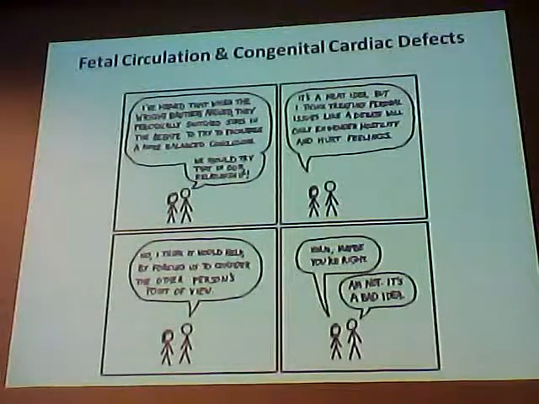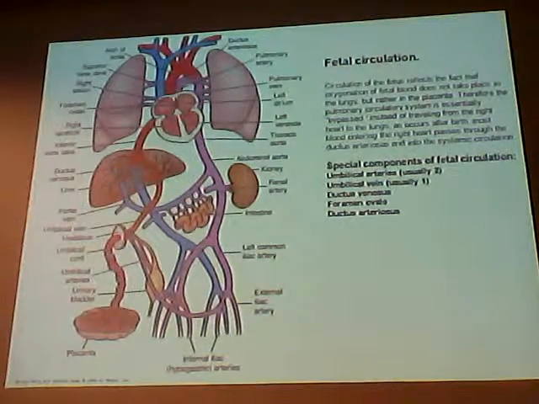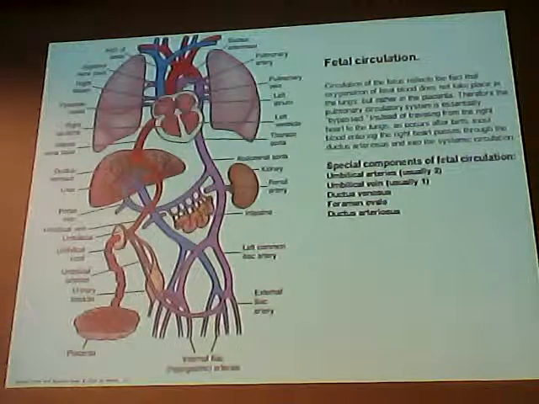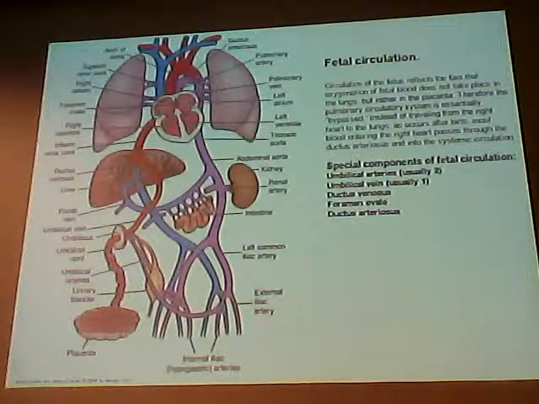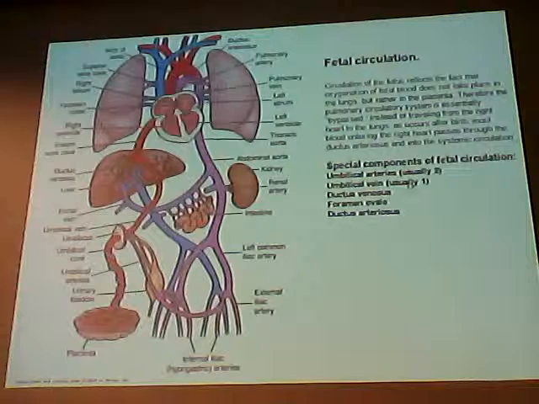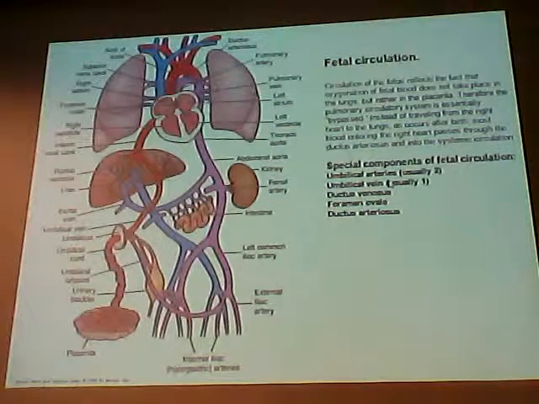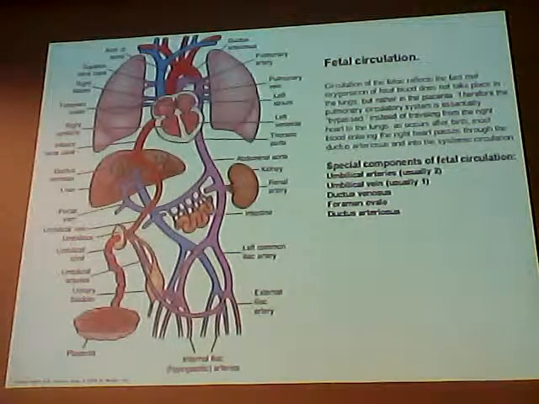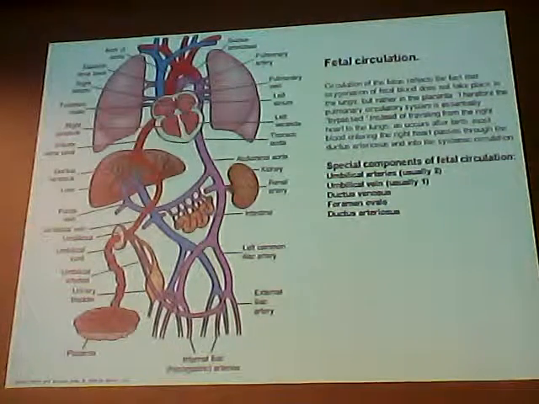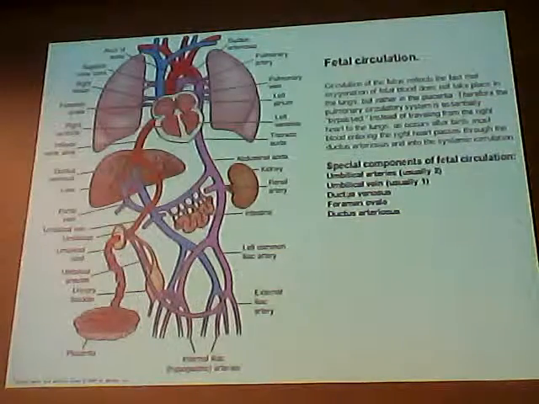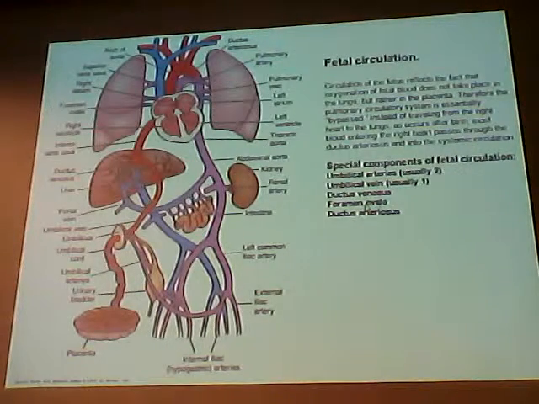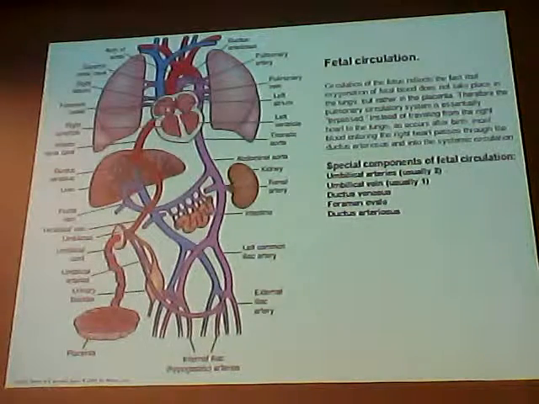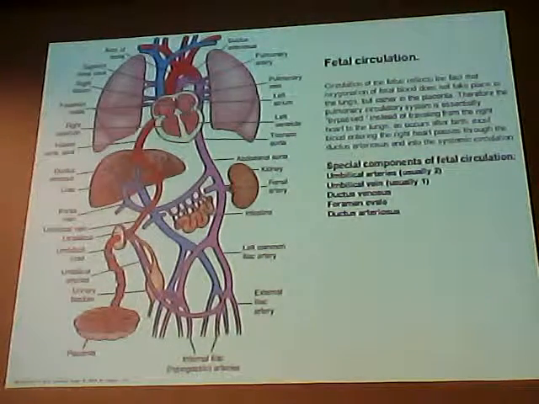With fetal circulation, the biggest idea is to know what direction all of the blood is moving in. There are special components that are only particular to fetal circulation that are not in normal circulation. You've got umbilical arteries and umbilical veins, but you also have the foramen ovale, a connection between the right atrium and the left atrium.